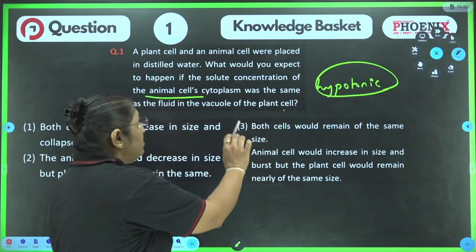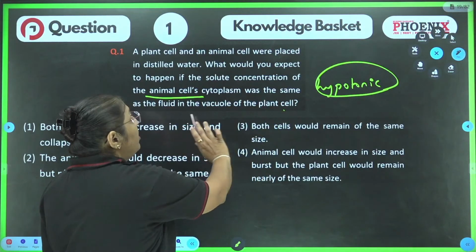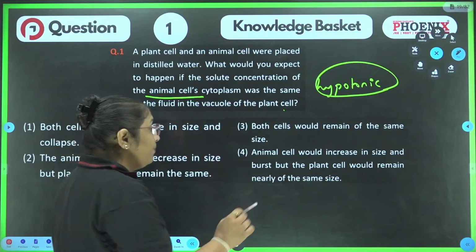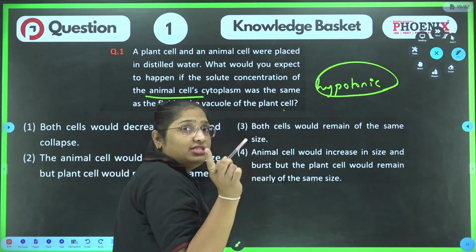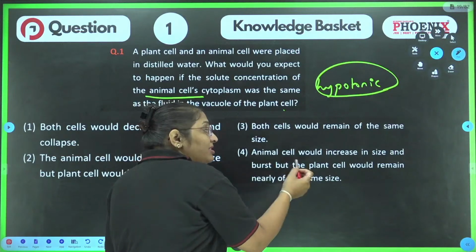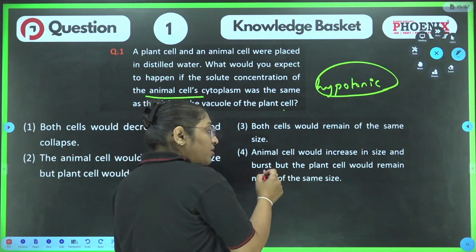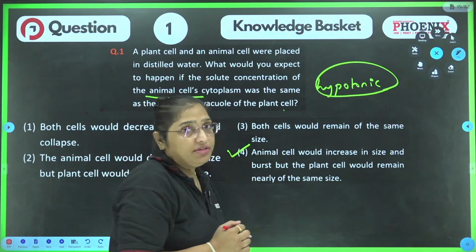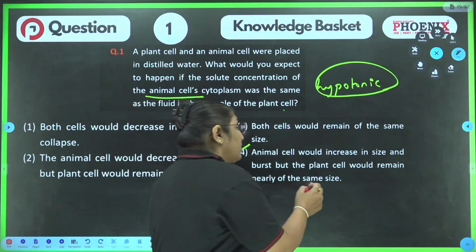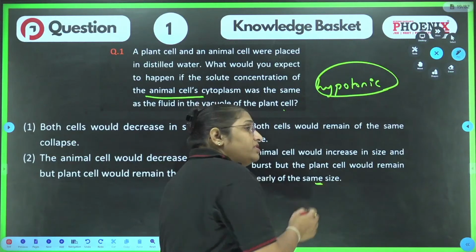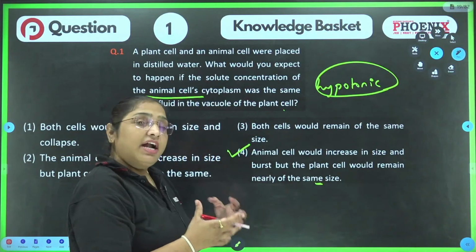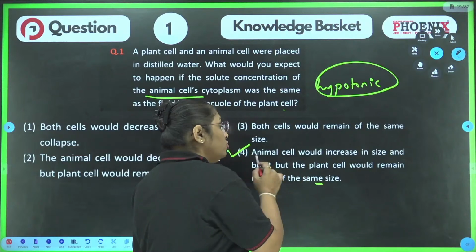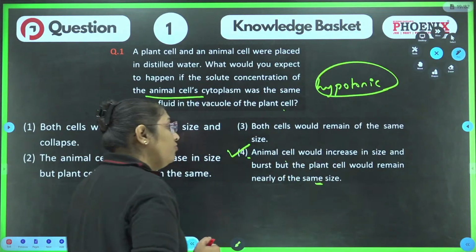Here it is written the solute concentration was the same as the fluid in the vacuole of the plant cell, so whatever change happens, happens in the animal cell. So the animal cell would increase in size and burst, but the plant cell would remain nearly the same size, also because the cell wall can handle the pressure. So the answer is fourth.